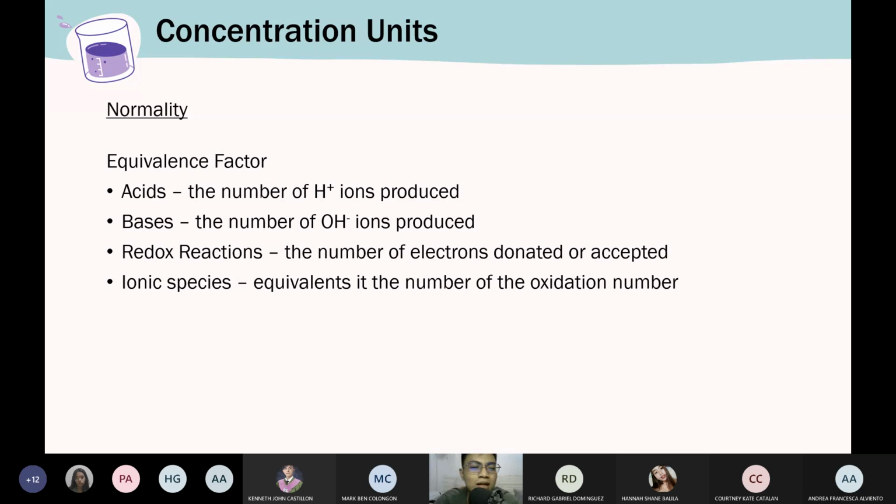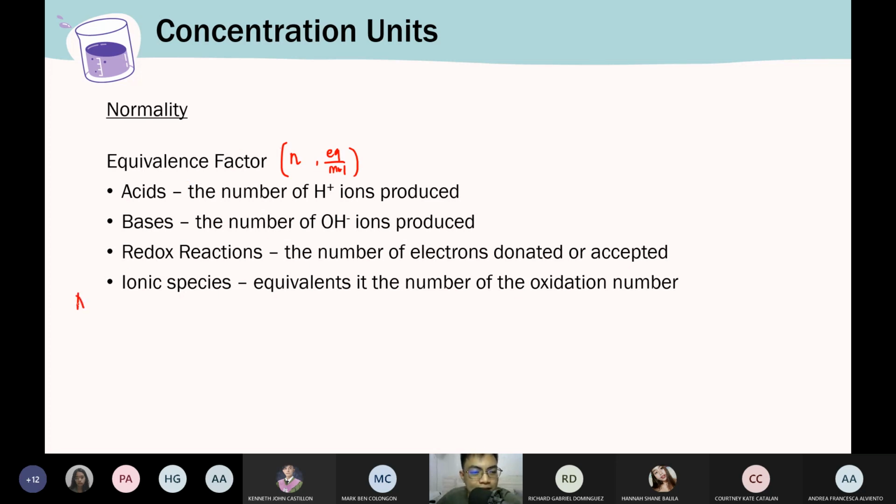Because when you use normality, there are so many things that you have to remember, such as this four. Okay? So yan, kaya kung magbibigay kami ng problems about normality, yung basic lang. So let me demonstrate you how you will determine the equivalence factor, or yung small letter n, equivalence per mole ang unit. Okay? So I will demonstrate you how you will get the equivalence factor.